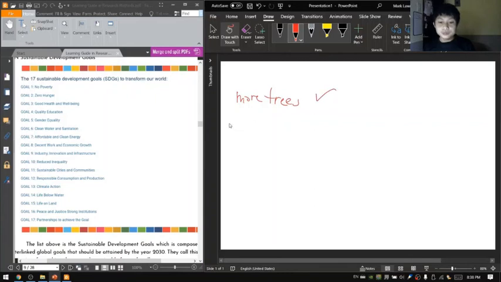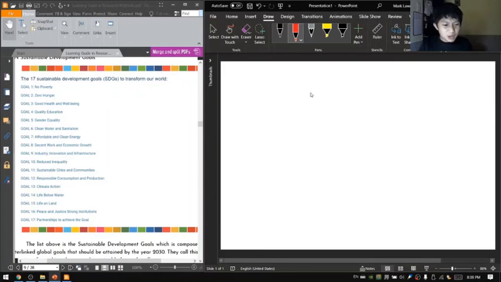Or make more efficient machines. Okay, check. Or renewable energy, check din. So yun lang naisip ko.